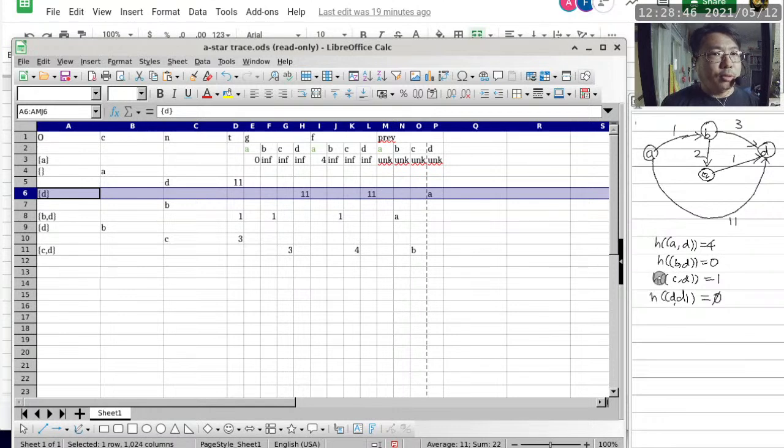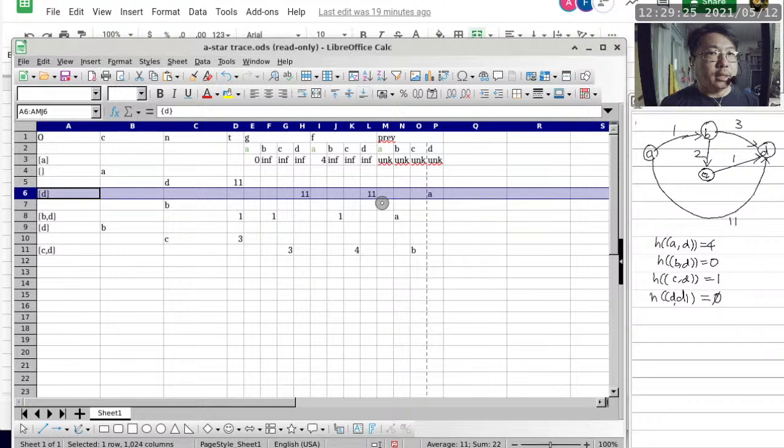The heuristic is always between two vertices, and 4 is not a vertex. We have vertex D, so I'm not really quite sure what that part is asking. There's no g of 4 either, because there's only g of A, B, C, D. Not really quite sure what that question is asking. I'm going to guess f of D is 11, and then the heuristic value of D to D is 0. It is not 4.